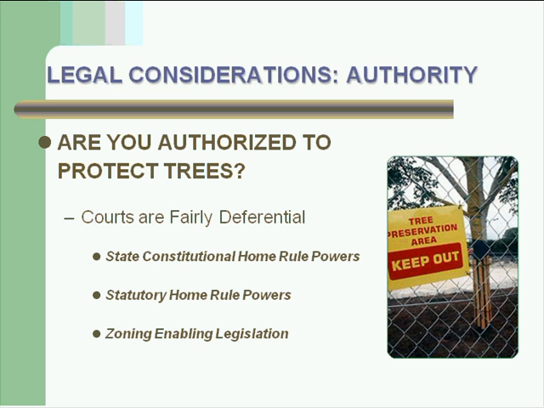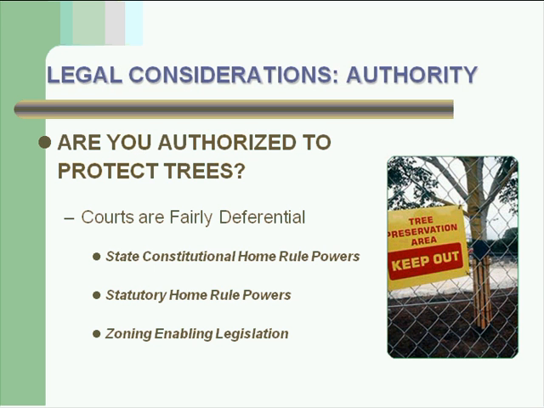Some are given very, very broad powers to carry out any general municipal purpose, whether it be tree protection, water quality protection, zoning, or regulating a police department or fire department, through their state constitutional home rule powers. For example, Florida is a state that grants very broad state constitutional home rule powers to all of their local governments.